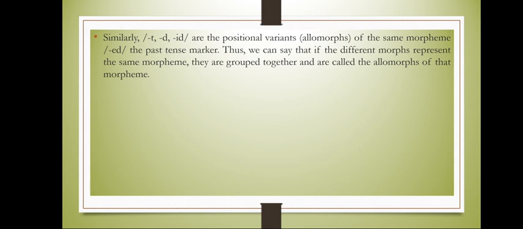Or worked, W-O-R-K-E-D. This is one variant. The same can be played, P-L-A-Y-E-D, played. The sound is d. Or the same can be studied, S-T-U-D-I-E-D, so id. So the same ed can have t, or d, or id. These are the variants of the same morpheme ed.